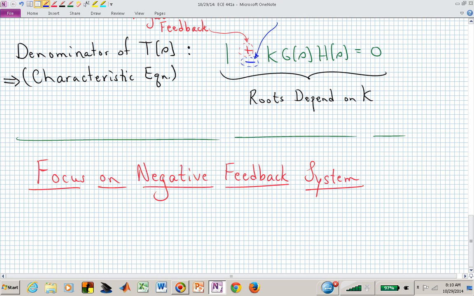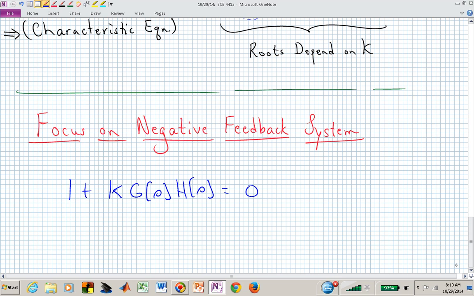It's now 1 plus K G of S H of S equaling 0. This is what we want to understand. We want to know what values of S satisfy this equation as we adjust K from 0 to infinity.